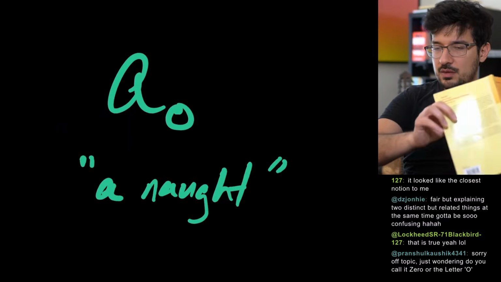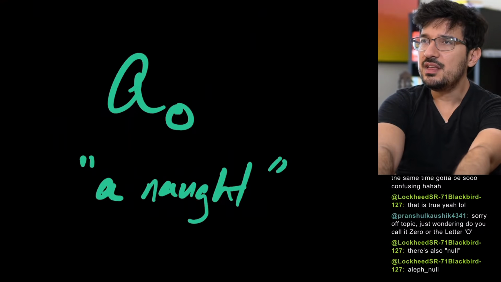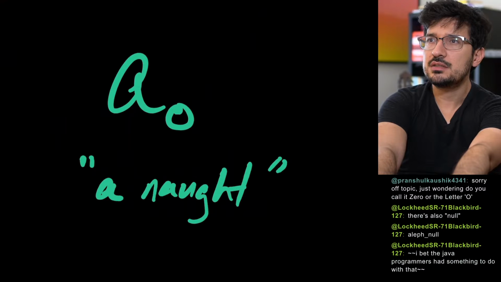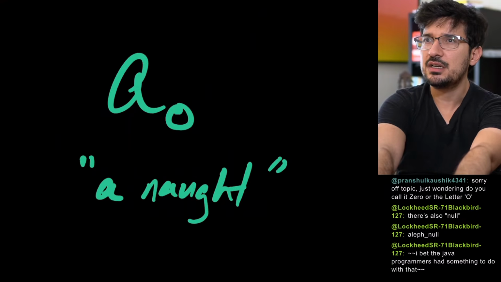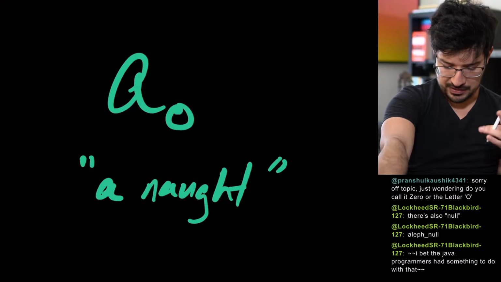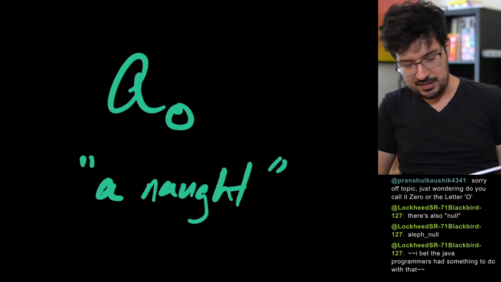Isn't that, or null, Aleph null, isn't that... I'm not making this up. Oh, okay. Yeah, all for naught describes an effort that produced zero results or ended in complete failure. Additionally, it can refer to the arithmetical symbol zero. Yeah, this is very conventional to call something empty like this naught.